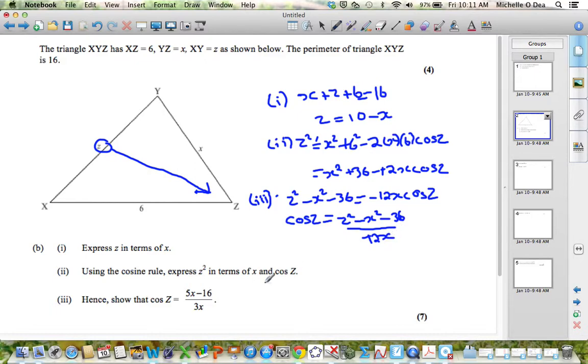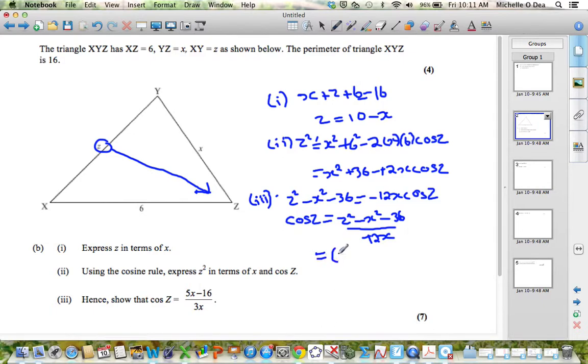Now, I'm not finished because if I look at what I'm trying to get to, here I've got cos z as a subject, that's a good start, but this only has x's in it, and I have this z. So we need to try and replace this z squared. And again, remember, the parts are always related to each other. Up here in part 1, we have an expression for z in terms of x. What we're trying to show only has x's, so we can replace the z squared with 10 minus x all squared.